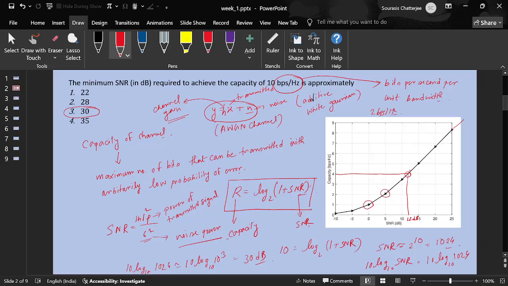So what about these midpoints? For example, if I would like to choose something like this, let's say 1.5. So how can you achieve this using only the modulation scheme? Okay, let me write down the question here. I'm interested in this part here.